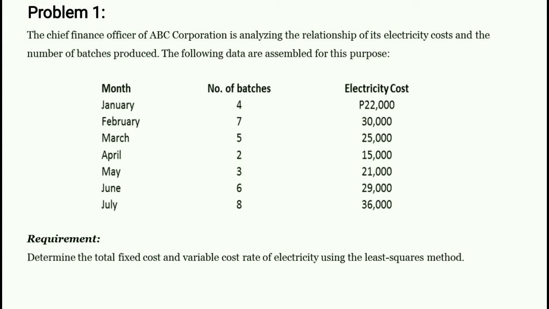And for the month of July, the number of batches is 8 and the electricity cost is 36,000 pesos. Requirement: determine the total fixed cost and variable cost rate of electricity using the least squares method.